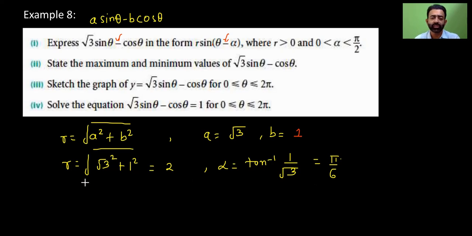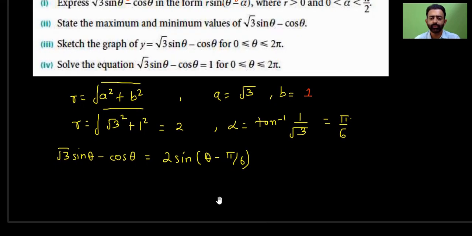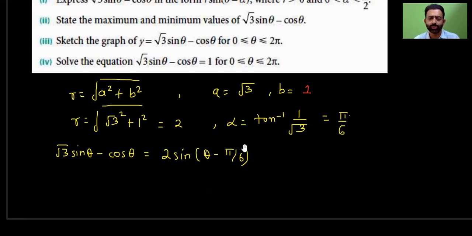Okay, so this expression root 3 sin theta minus cos theta is represented, with the value of r being 2, as 2 sin(theta minus pi by 6). Okay, just a 2-line answer. 2 or 3 calculations you have to do and just write it down.